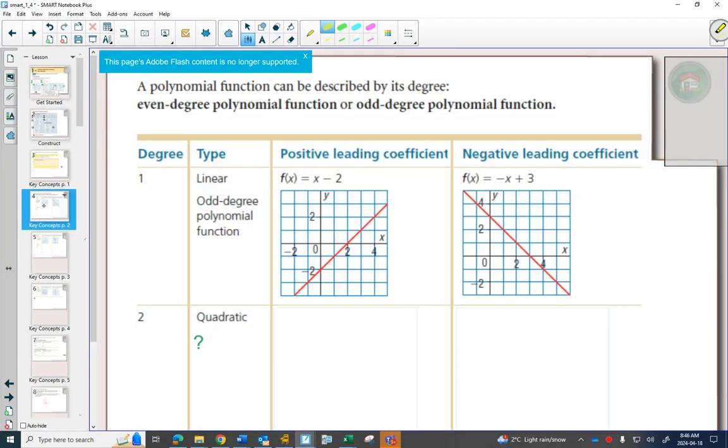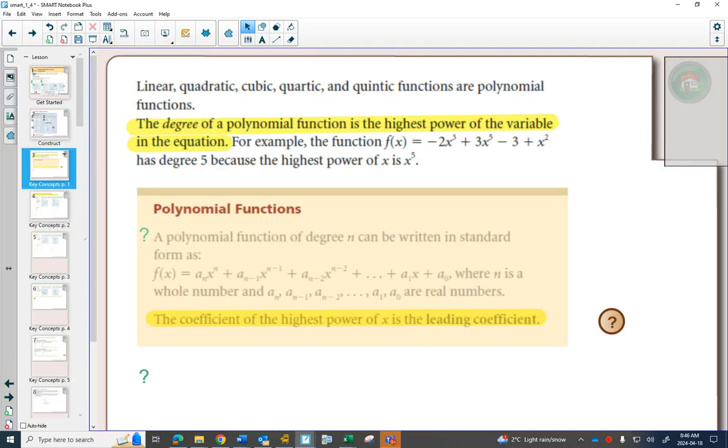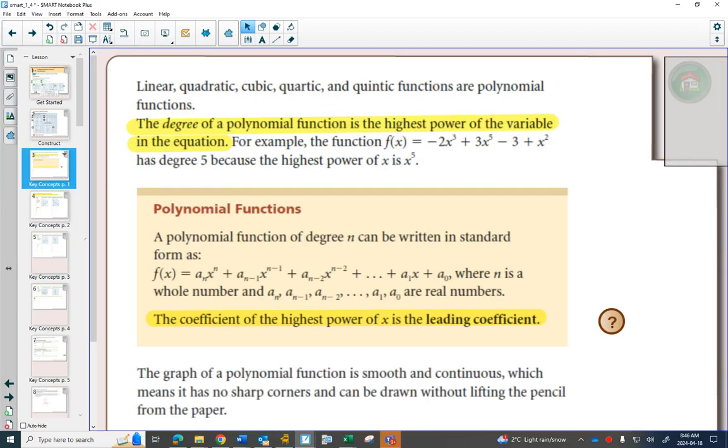And we're going to categorize our polynomials by either an even degree or an odd degree. And I'm going to get you to write a couple of notes off to the side on this.